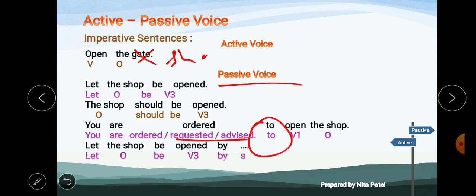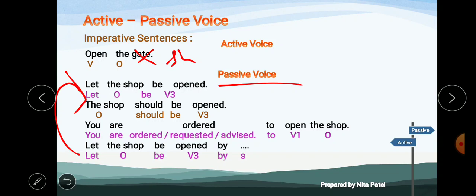After this order you have to write to, and after this to you have to write V1 only. It is the infinitive, so that's the reason we have to write V1. Otherwise V3 is used in almost all the structures, but wherever you use you as a subject, then you have to use V1, because we are saying that you are requested, you are ordered. Last but not the least, it is the expansion of this first structure.